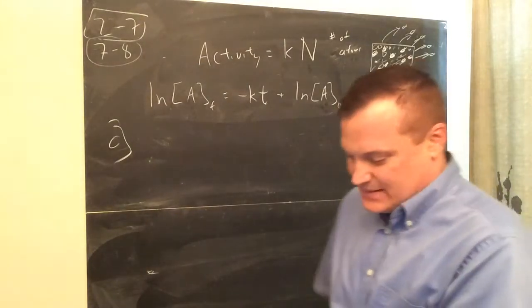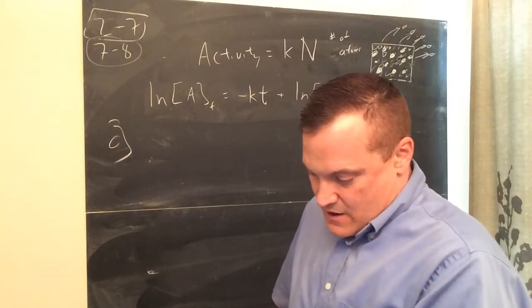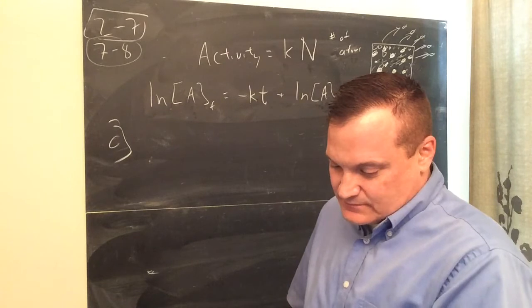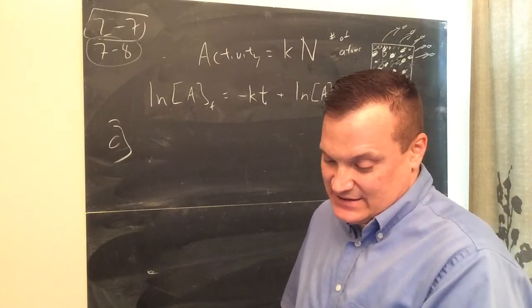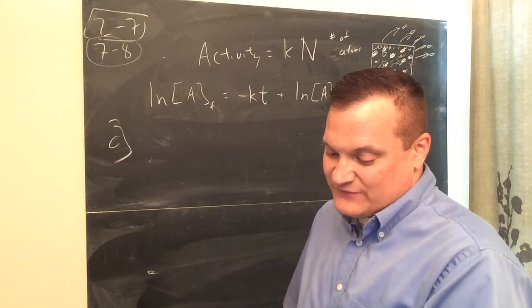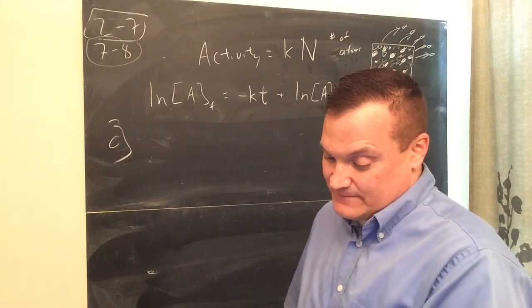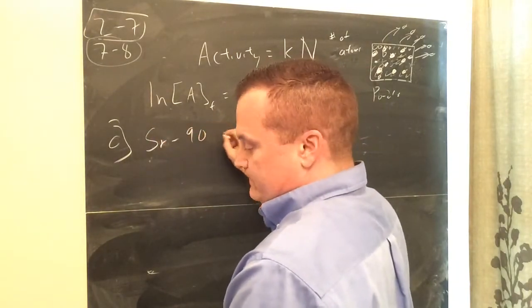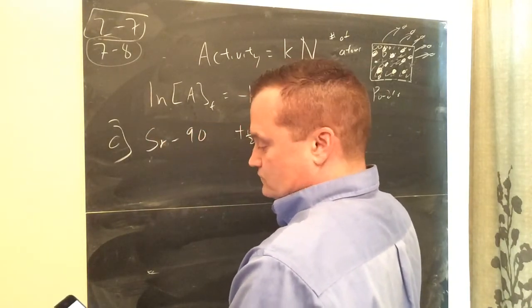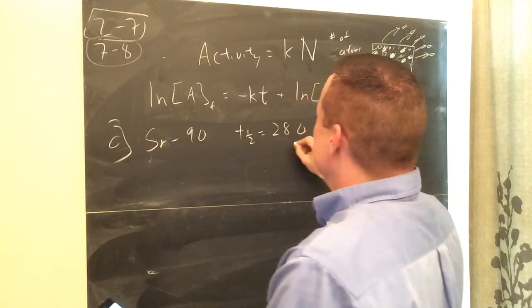Okay, but I'll skip to a percent problem. All right. Here's one that says, how long would it take for a sample of strontium-90 to decay to only 20.5% of its original amount? Okay, so strontium-90 has a half-life of 28 years. How about that?